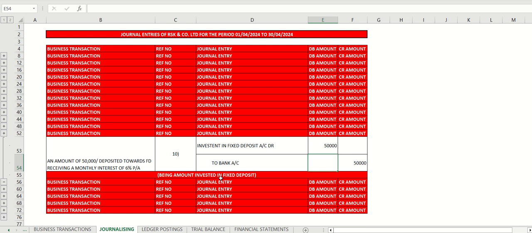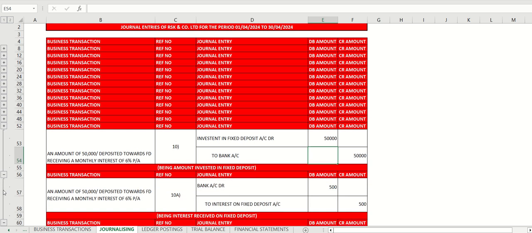And once the fixed deposit has been created, normally the interest would get generated, right? How is the interest generated? What is the rate of percentage? Receiving a monthly interest of 6% per annum. So per annum the rate of interest would be 6%. Now we need to compute the per month interest.